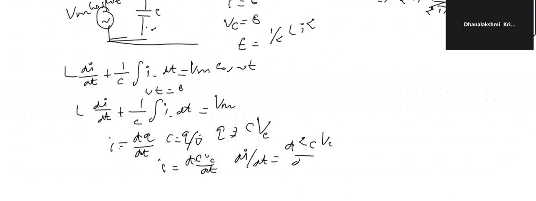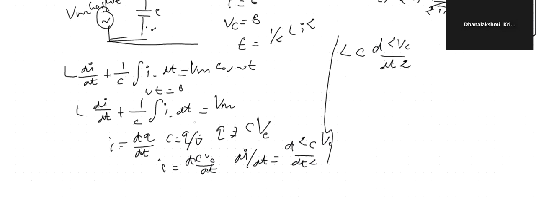Now C is constant. Then L into di by dt becomes L C d squared Vc by dt squared. Here 1 by C integral of i dt is equal to Vc.